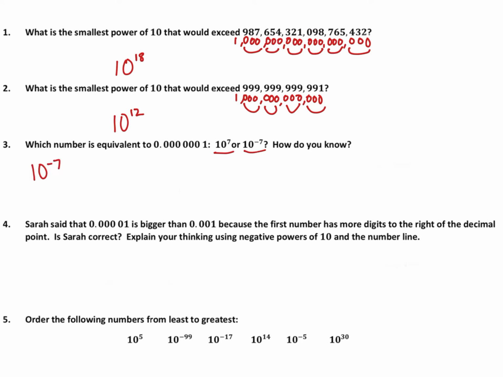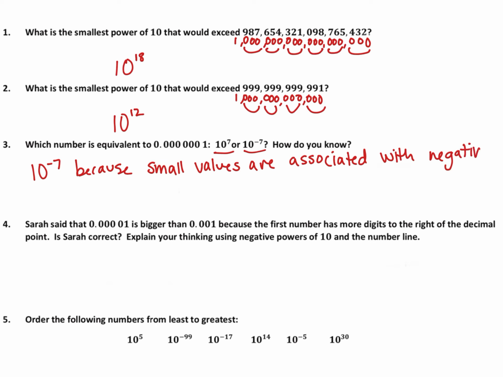It is 10 to the negative 7th because small values are associated with negative exponents, and 10 to the positive 7 would be 1 with 7 zeros following it, which I believe is 10 million.